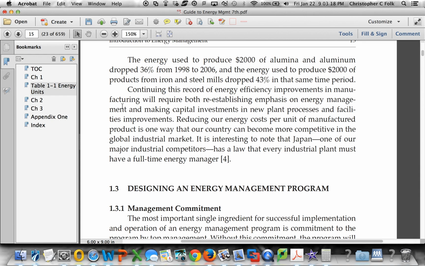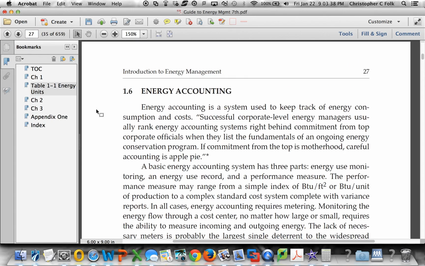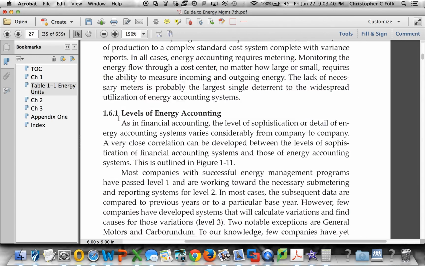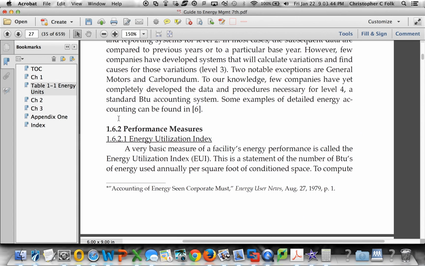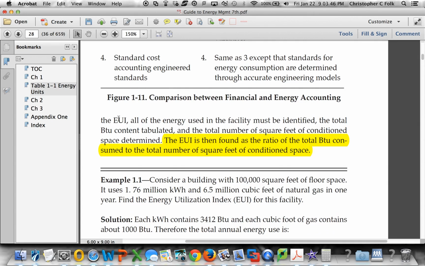So last week, in addition to getting to know each other a little bit, we looked at some homework and we calculated the energy utilization and energy cost indices, the EUI and the ECI. Those, I think, were on pages 27 and 28, where we first talked about them. Yeah, there's the EUI there at the bottom of 27.